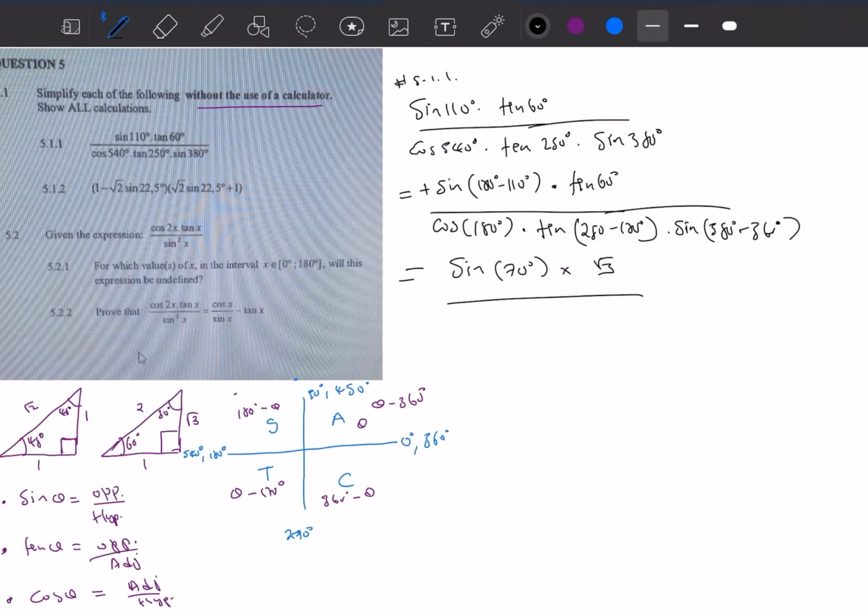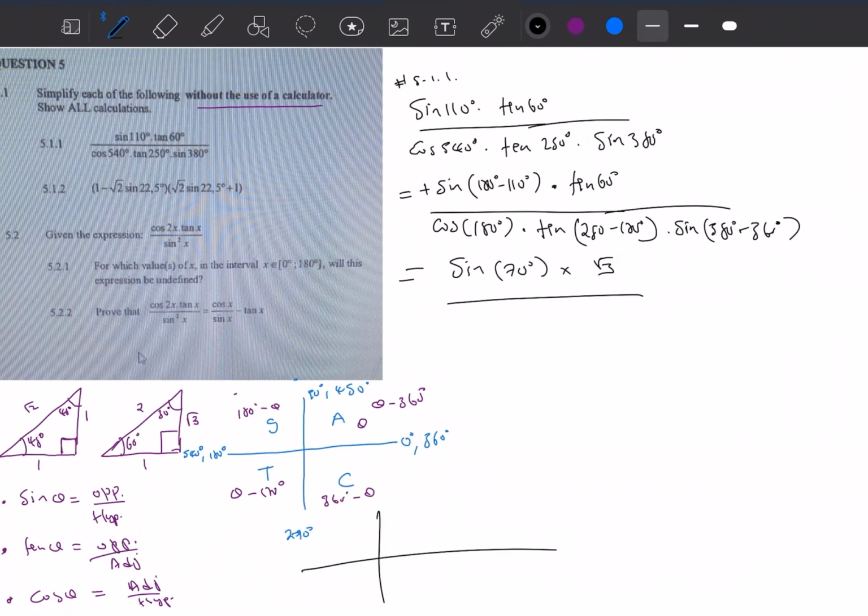Cos 180. We can write how cos looks in a diagram. Let me just write this way, where cos looks like this in a diagram, right? Where this is 0 degrees, where this is 90 degrees. Can I just use a different color?